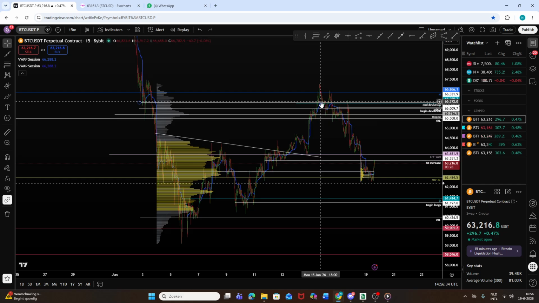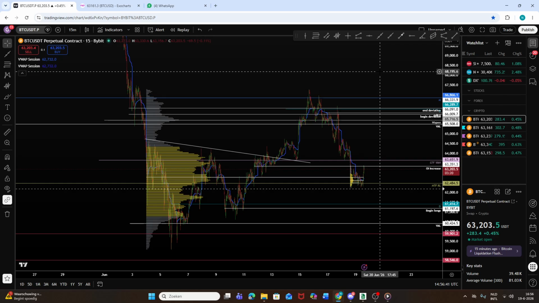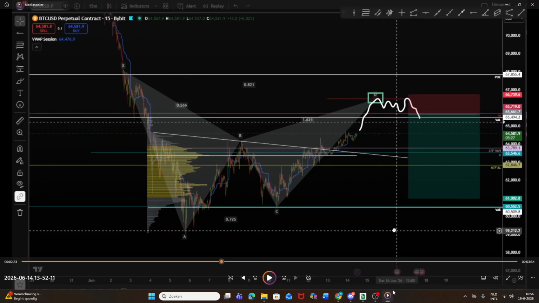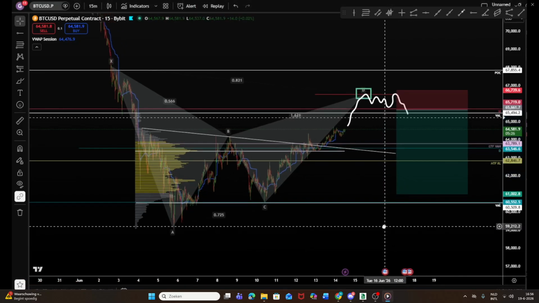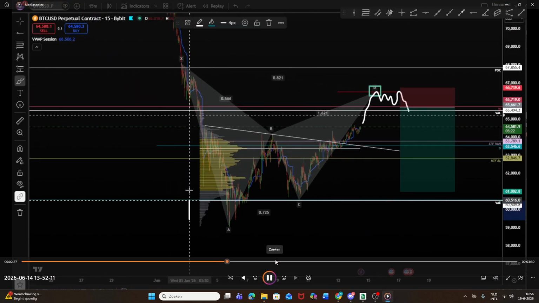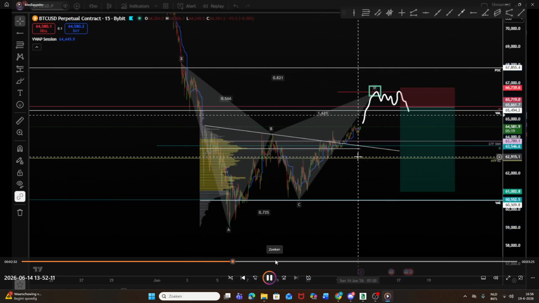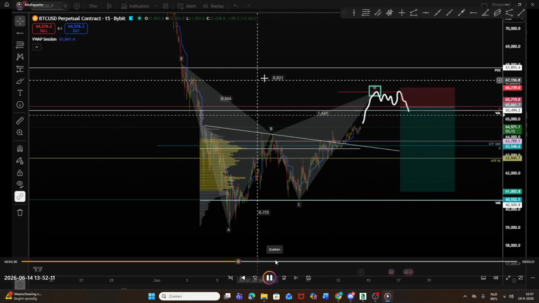And then I was talking about a short, and yeah, I was unable to upload it, but let me just quickly play this for you. The value area low, and then we're still essentially ranging, right? We're still ranging within this consolidation, or this, based on our harmonic.